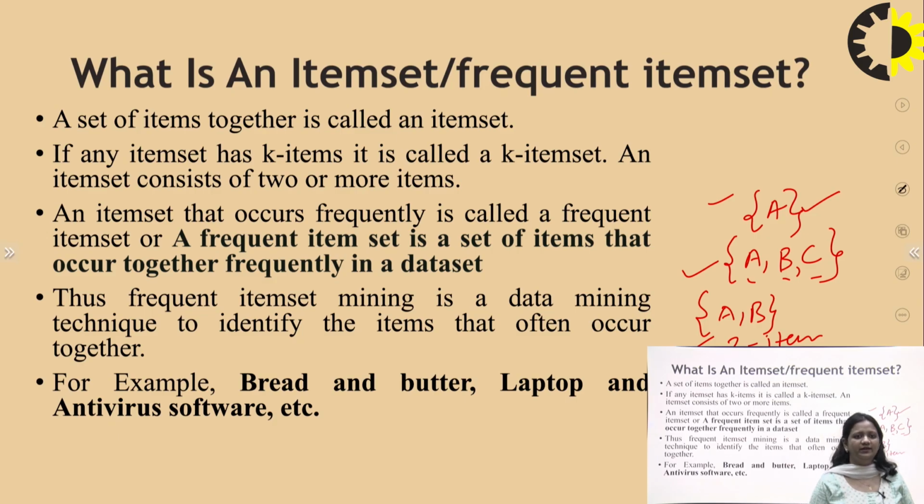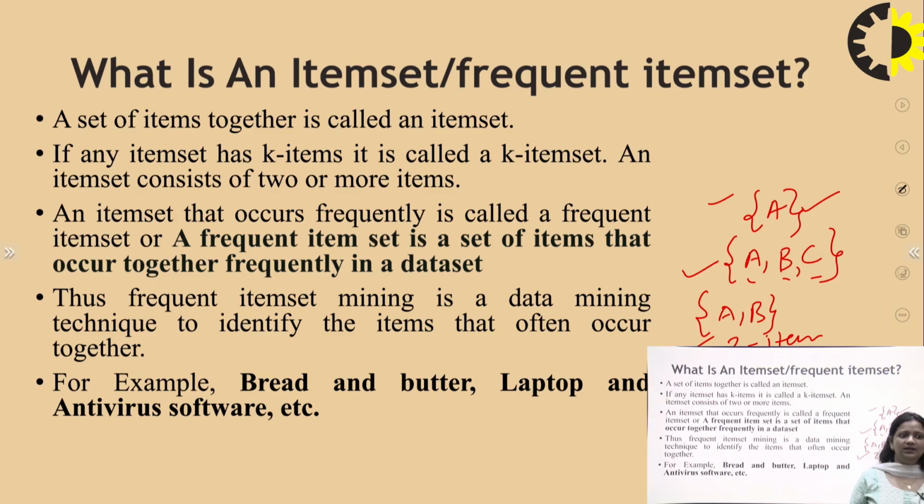The Apriori algorithm is used to find the frequent item sets from a large database. Thus frequent item set mining is a data mining technique to identify the items that often occur together.